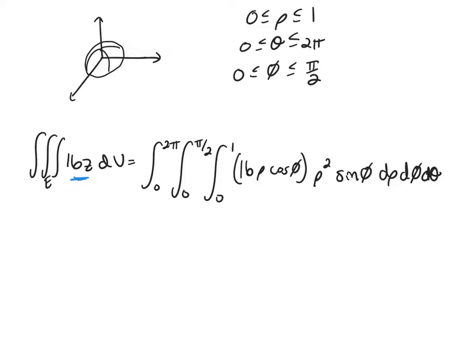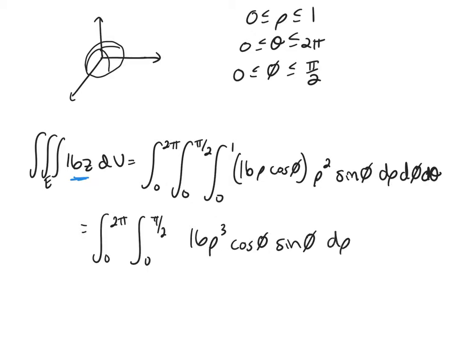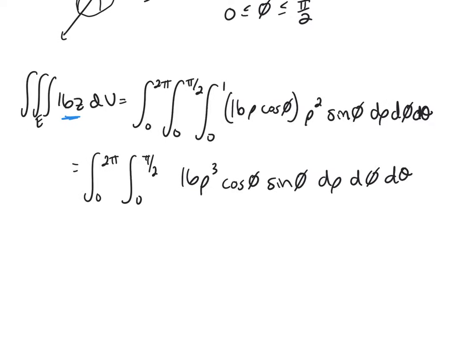So you're going to integrate first with respect to rho. First I should multiply: 16 rho cubed cosine phi sine phi, d rho, d phi, d theta. So now I can integrate with respect to rho.